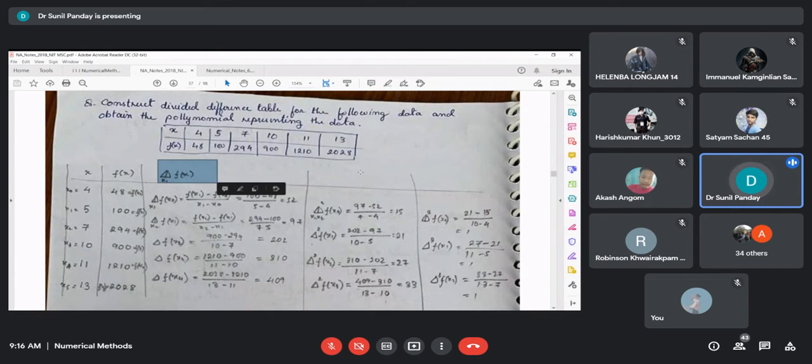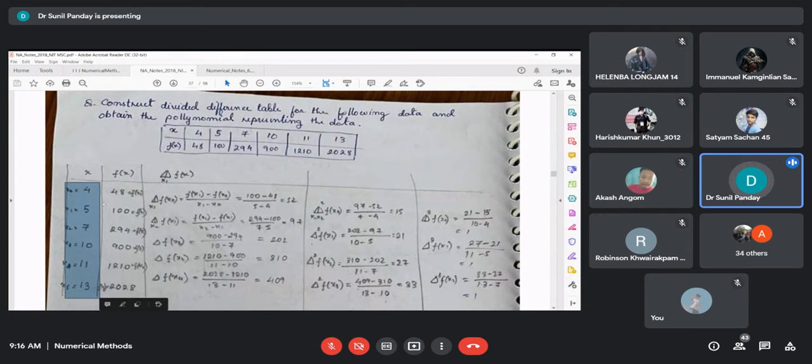If you remember the difference table, the third column was for the first forward difference, but as the data is unequally spaced, you can see 5 minus 4 is 1, 7 minus 5 is 2, and 11 minus 10 is again 1. So these are not equally spaced, so we cannot calculate the forward difference table. We have to calculate a divided difference table.